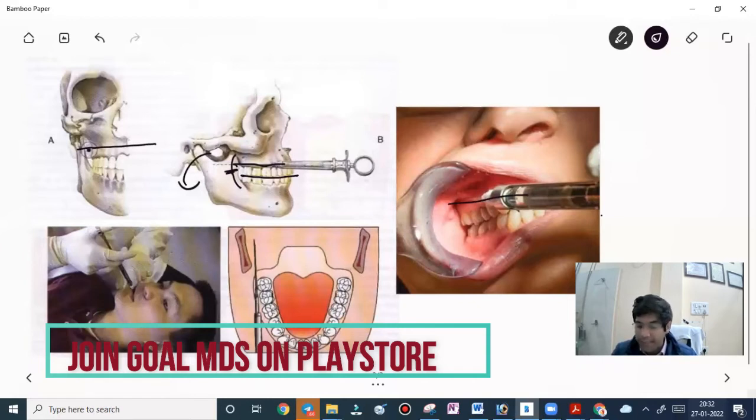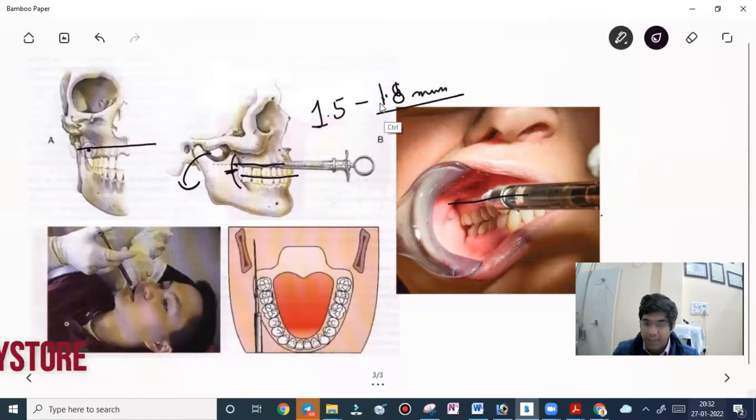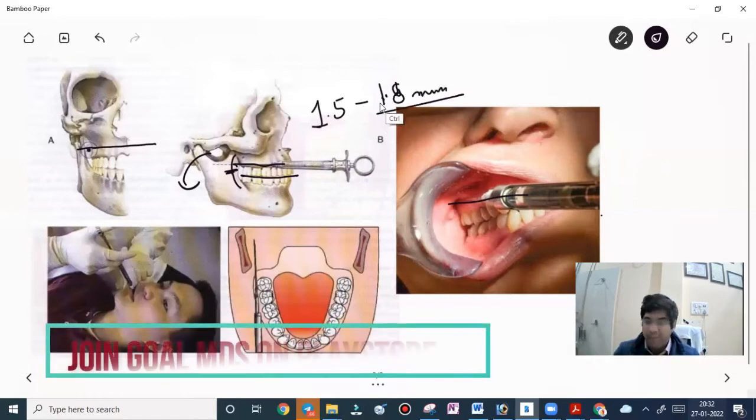So where should be the tip? So remember the tip position, and how much solution we have to deposit is 1.5 to 1.8 mL of anesthetic solution that could be delivered in approximately 60 seconds.